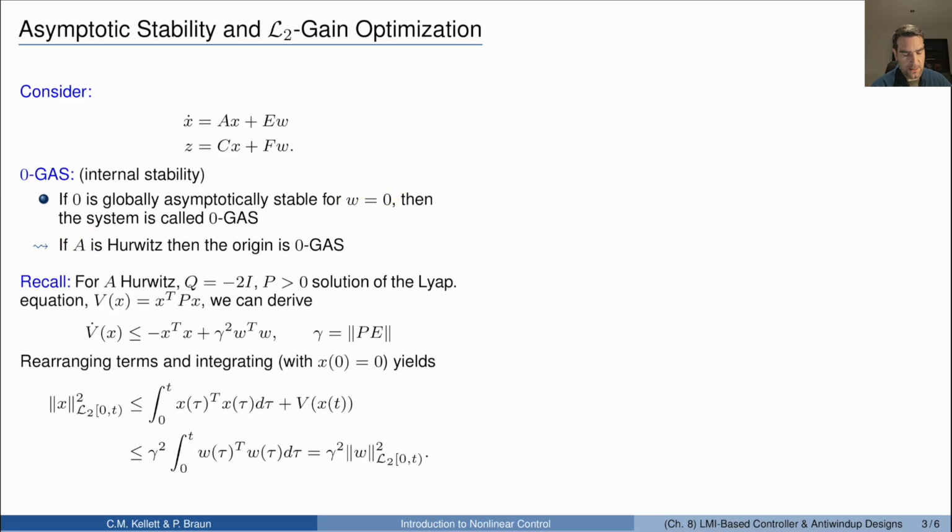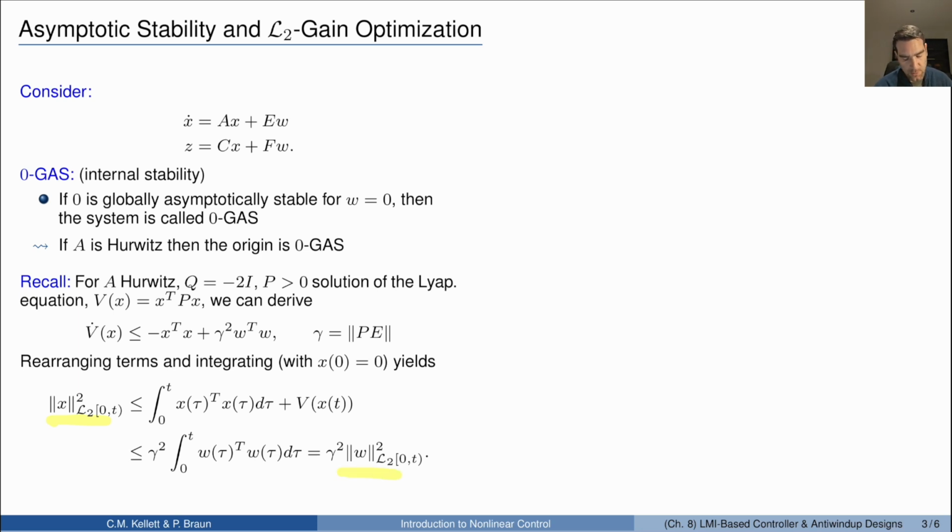What we've seen in Chapter 7 using input-to-state stability was that we could also come up with a certain bound on the state depending on the possible disturbance w.